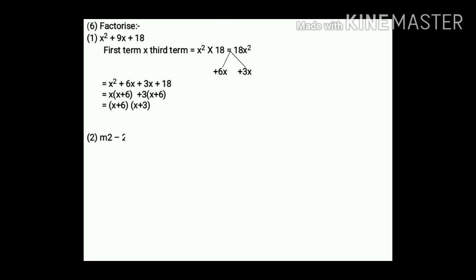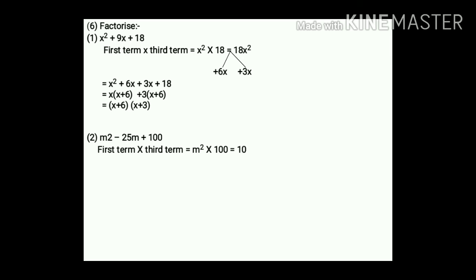Now the next question, m² − 25m + 100. Here, children, we have to find the factors of the expression. Here, how many terms are there? 3 terms are there. m² − 25m + 100. The first step is, children, first term into third term equal to m² into 100.